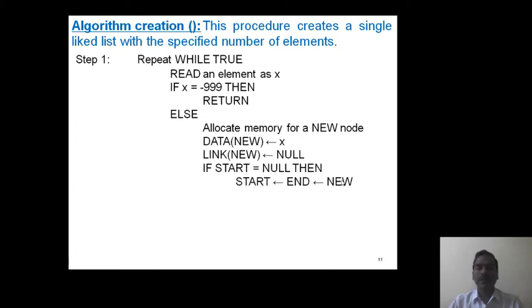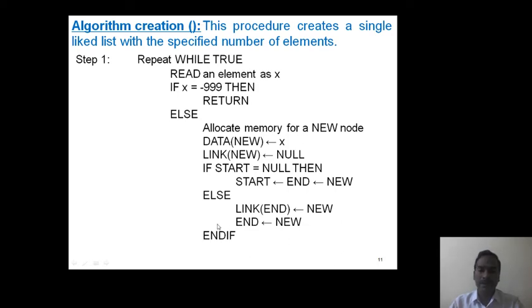Then we check whether the list consists of any elements or not. If elements are not available, then the first new node becomes the start and end node of the list. Otherwise, if elements are already available, we establish links between the end node and the new node: link of end is filled with new, and then end is shifted to new.